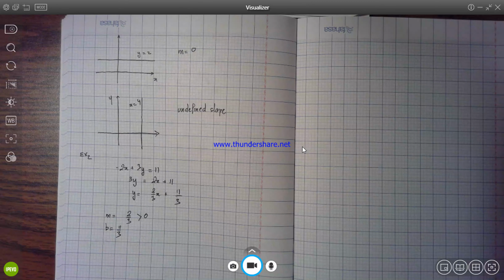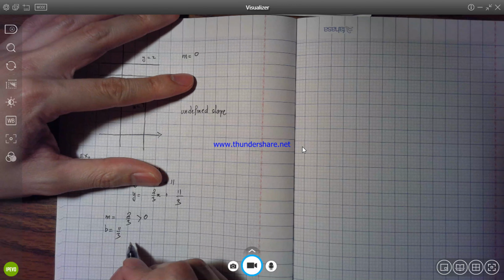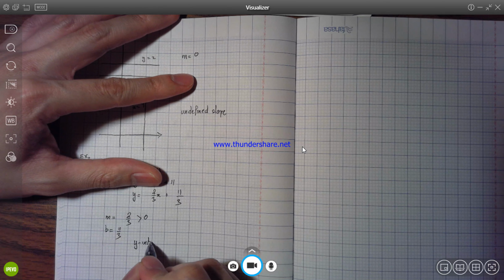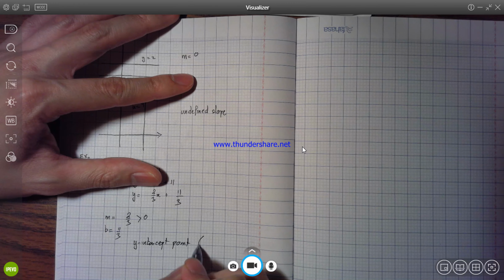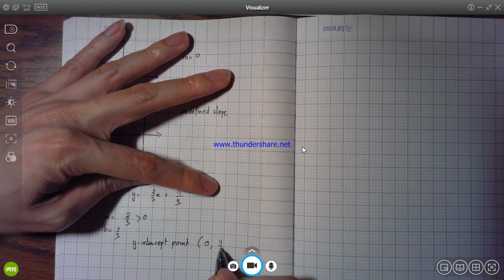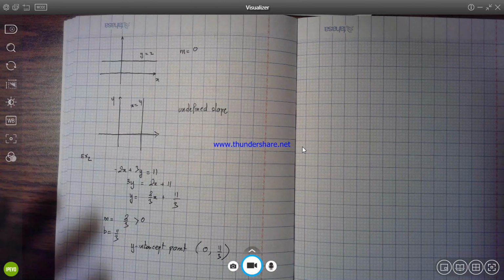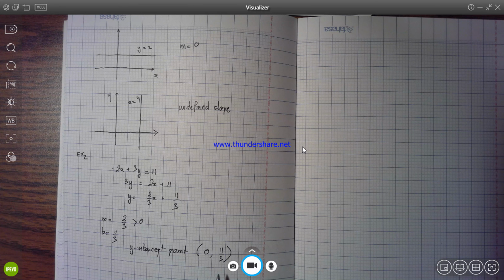I know b is 11 over 3. b is the y-intercept value. But from b, I can get the y-intercept point. The ordered pair will be (0, 11 over 3), because it's the y-intercept, so the x component will be 0. Remember that: if I ask you to find the y-intercept point, you have to write it in ordered pair form.